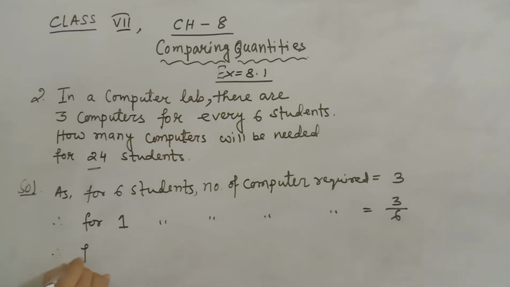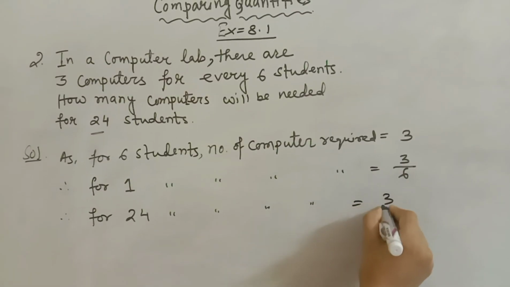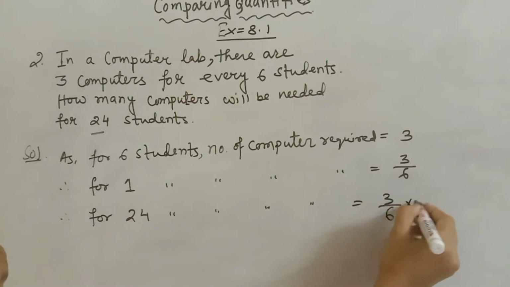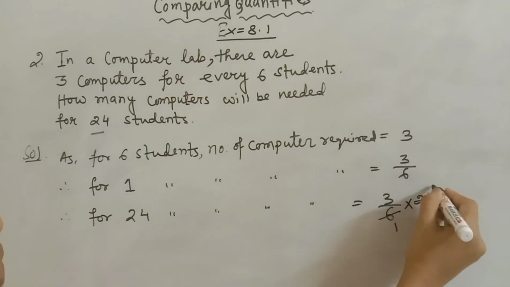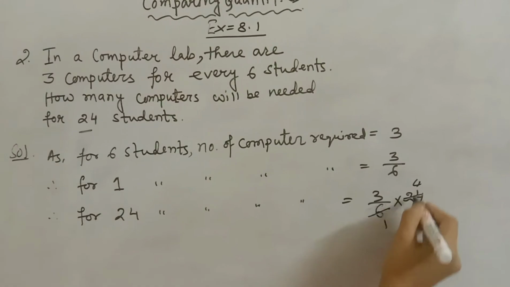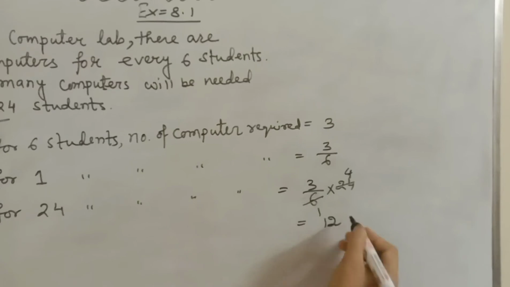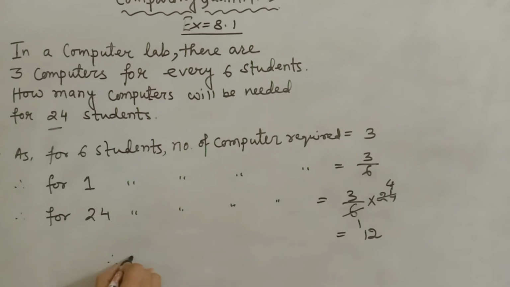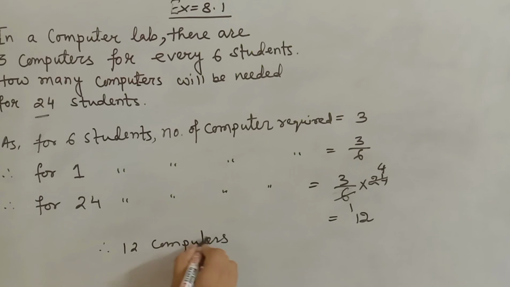Now for 24 students, the number of computers required will be 3 by 6 into 24, as it will be more than the previous one. 6 4s are 24. Now 3 into 4, 12. So how many computers will be required? 12 computers will be needed.